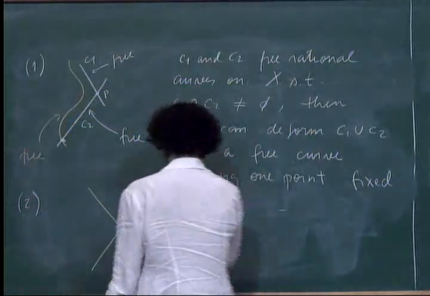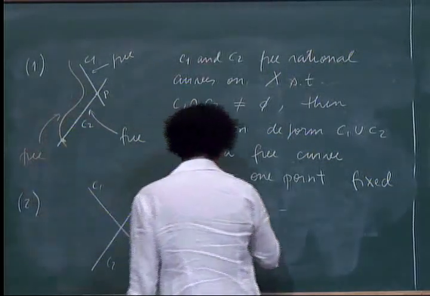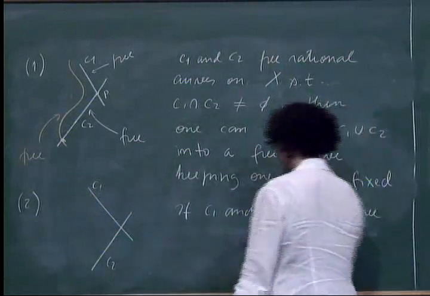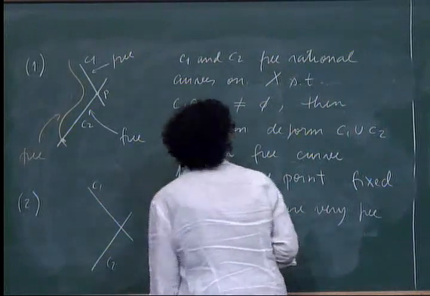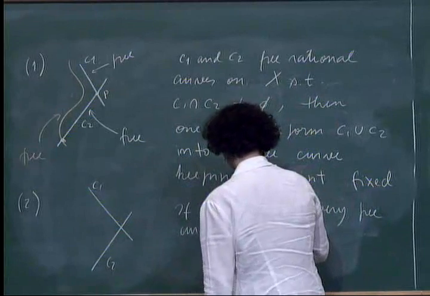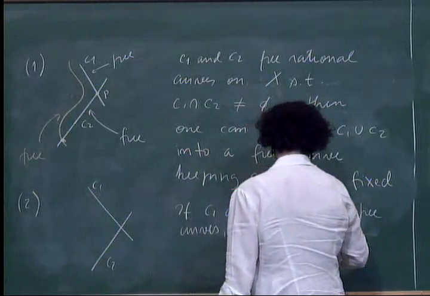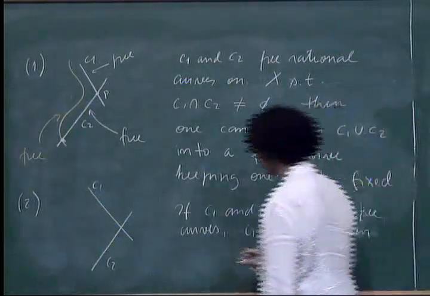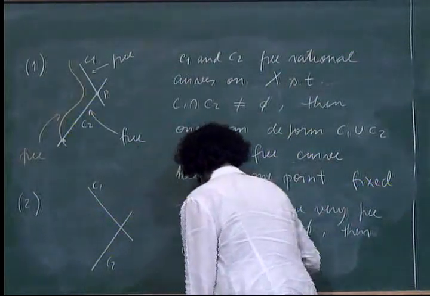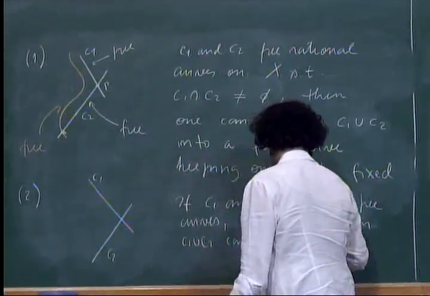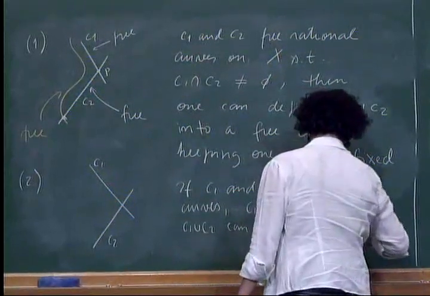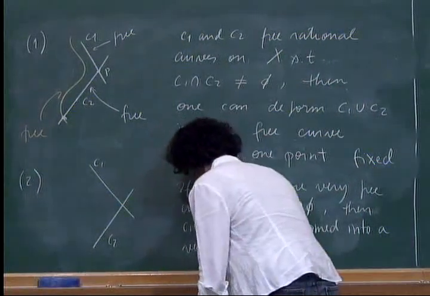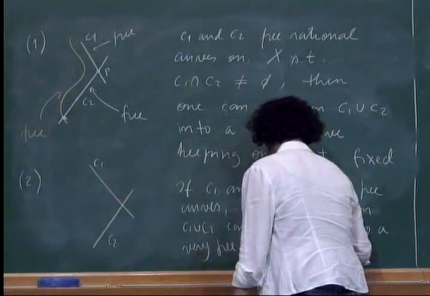If C1 and C2 are very free curves meeting at some point, then C1 union C2 can be deformed into a very free curve, keeping 2 points fixed.